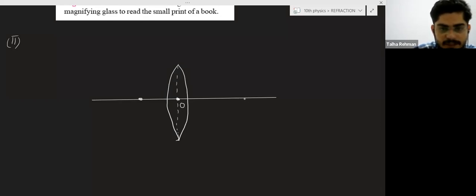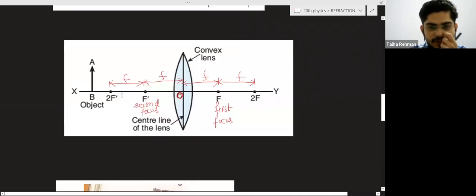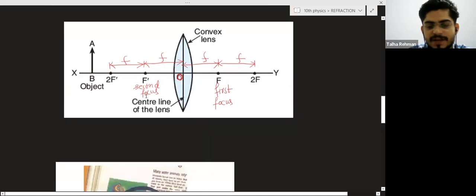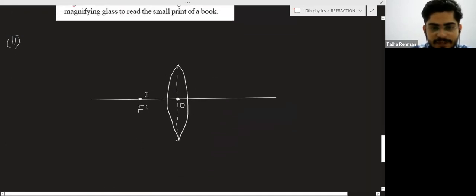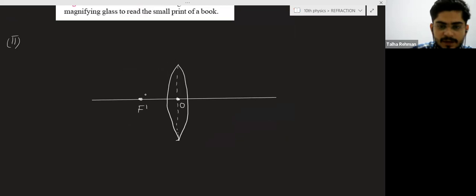And this is f dash. Here you can see, this is the first focus, and this is the second focus, and the second focus we represent with some different notation. Means this is f, so this is f dash.